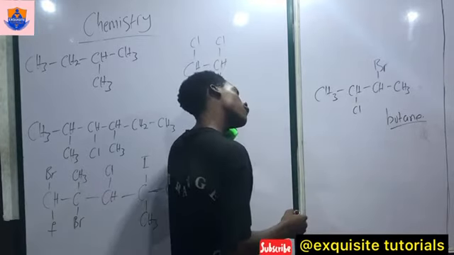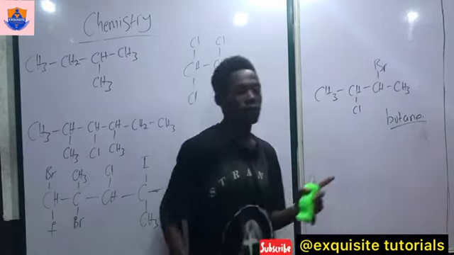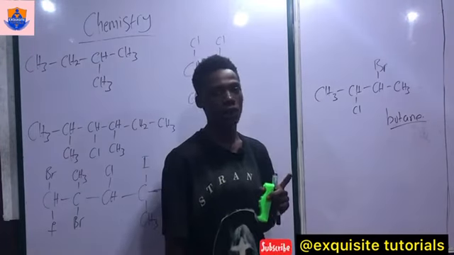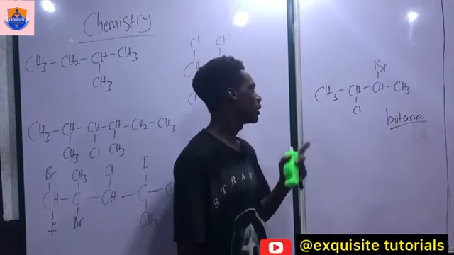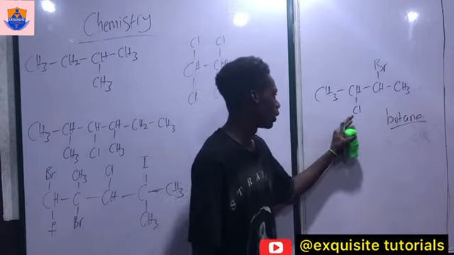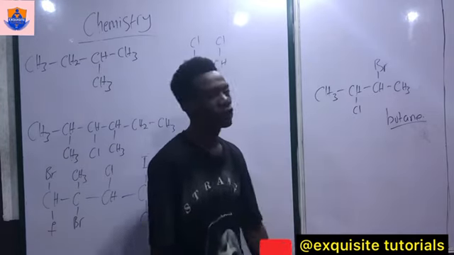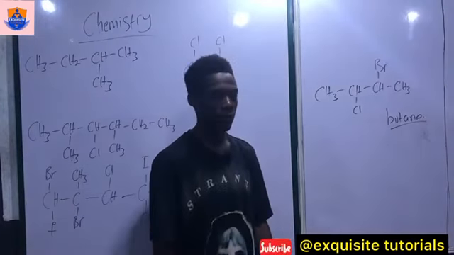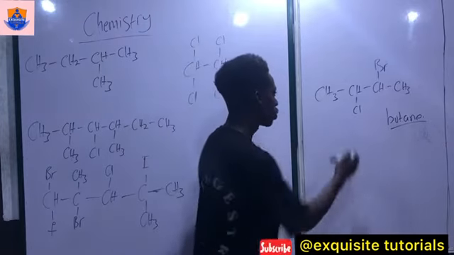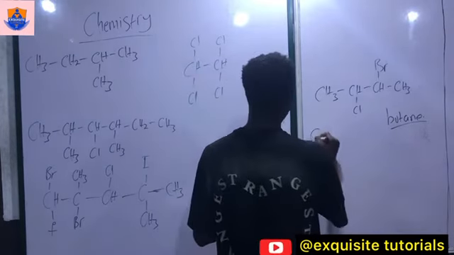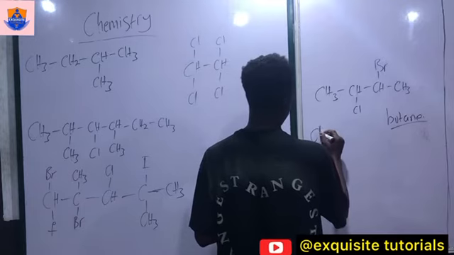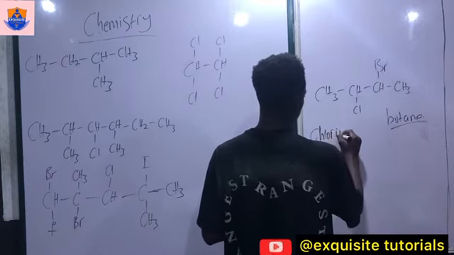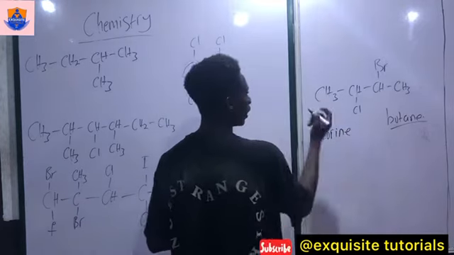First of all, I just said the parent chain should be noted. Secondly, you look at the branches. Now you take reference to the least alphabet. This is chlorine and that's bromine.